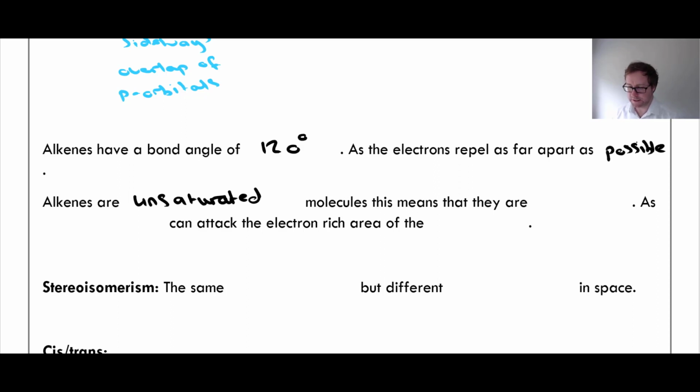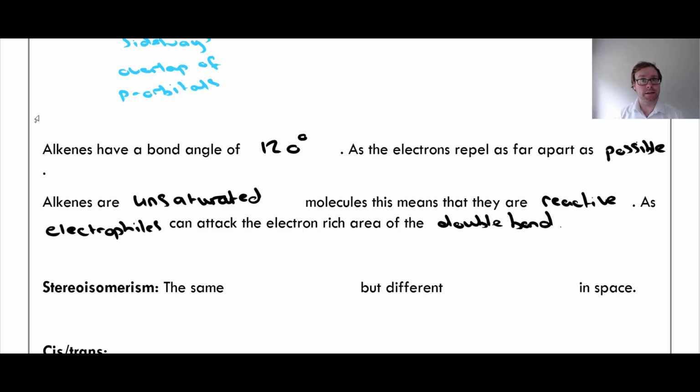This means that they are generally reactive, and this is because electrophiles can attack the electron-rich area of the double bond. We'll come on to that in a bit more detail a bit later.